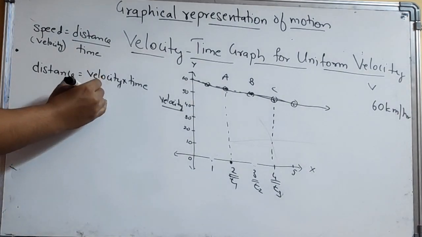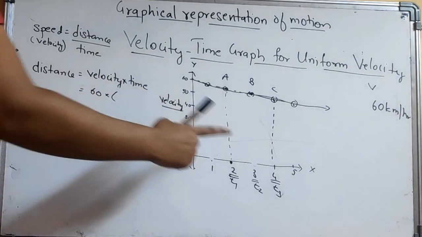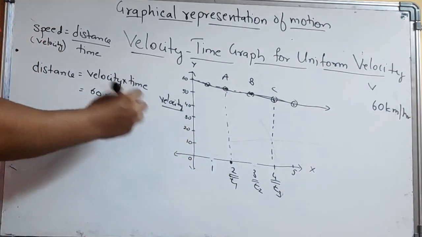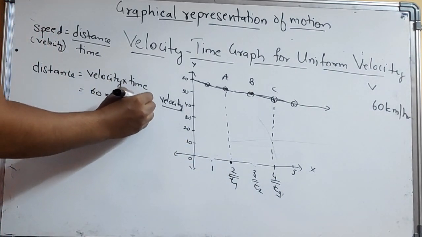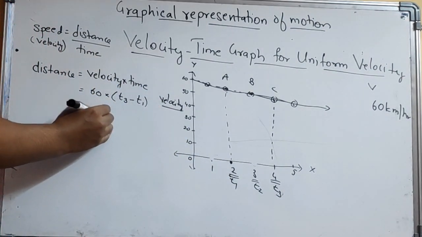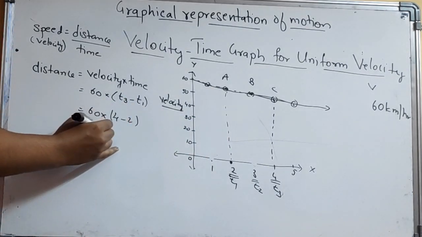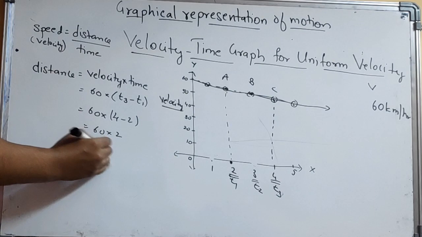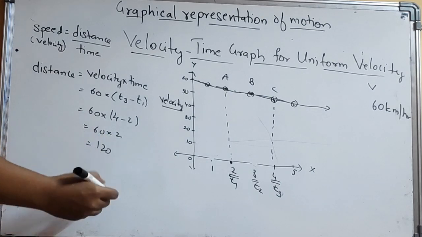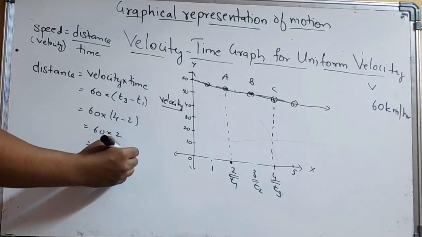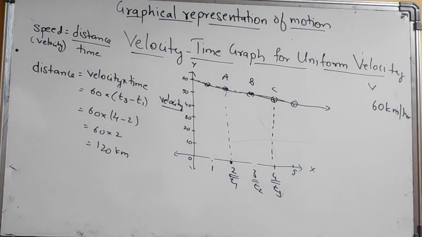Velocity is again constant at 60. Time will be T3 minus T1. So 60 into 4 minus 2, that is 60 into 2, which is equal to 120 kilometers. Students, I hope you have understood this concept using the graph.